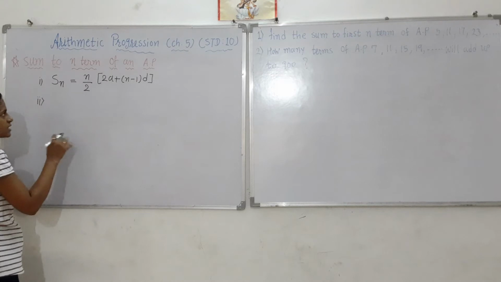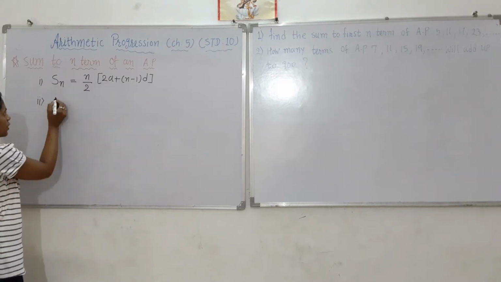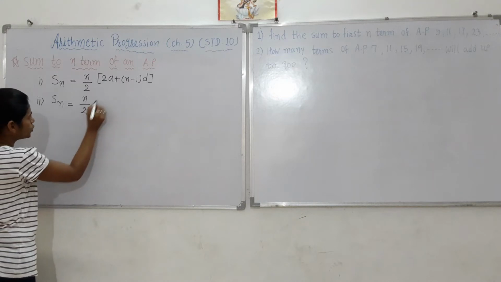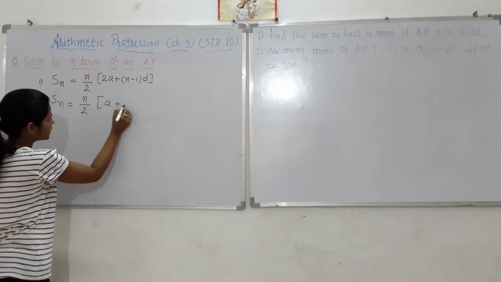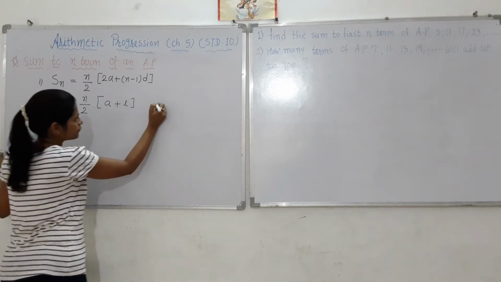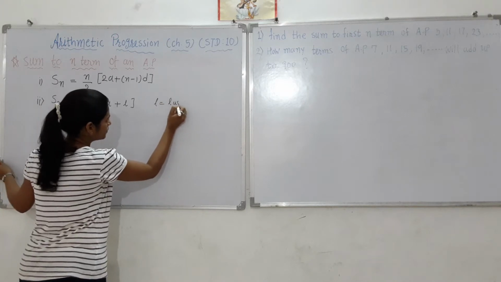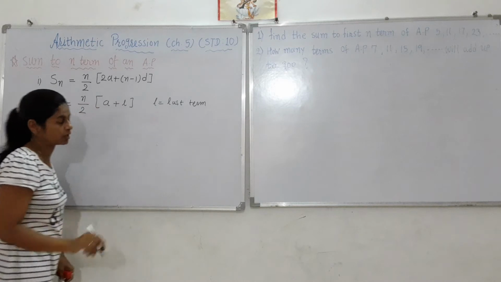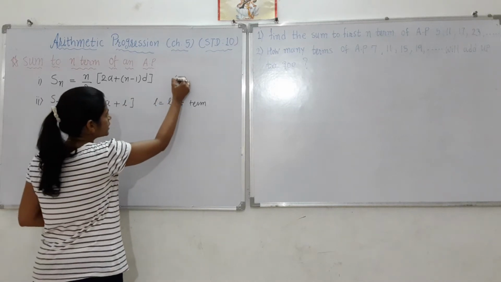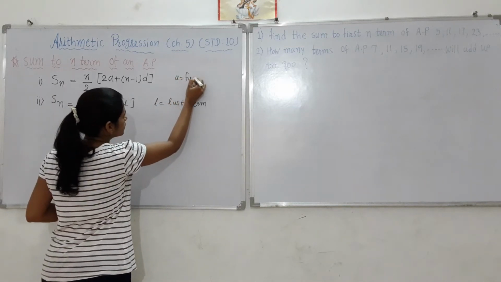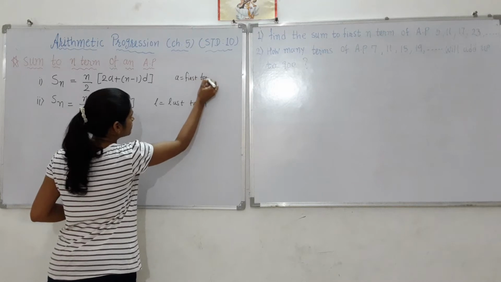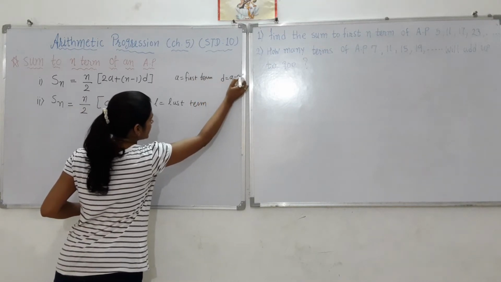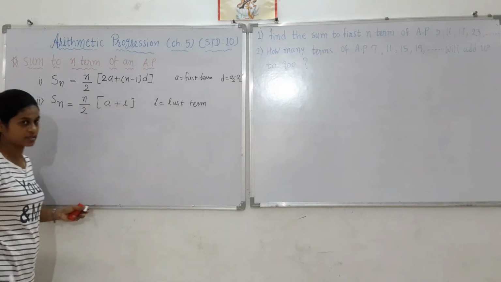In the same way, the second formula is a version of this formula converted into this form: Sn is equal to n by 2 into (a plus l). L stands for the last term of an arithmetic progression. We know a is your first term, d is your common difference, that means second term minus first term.